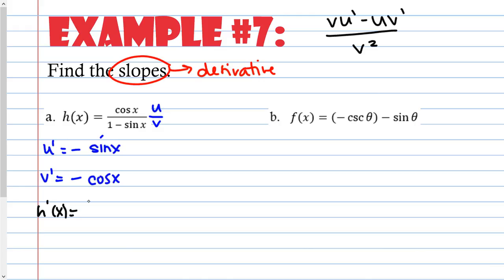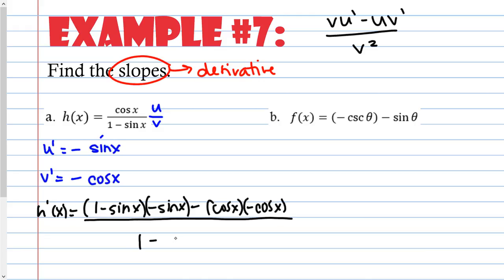All right, so v is 1 minus sine x times u prime, which is negative sine x, minus u, which is just cosine x, times v prime, which is negative cosine x, over 1 minus sine x squared.